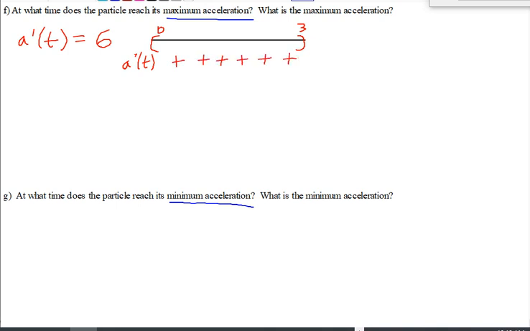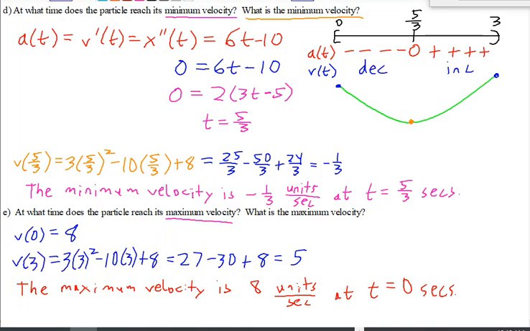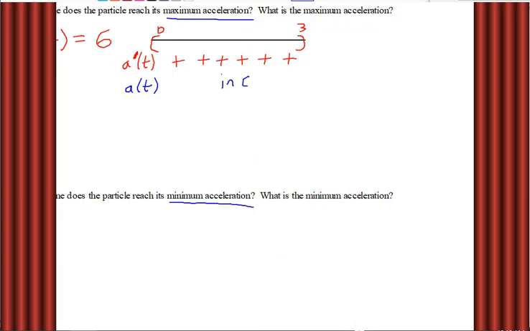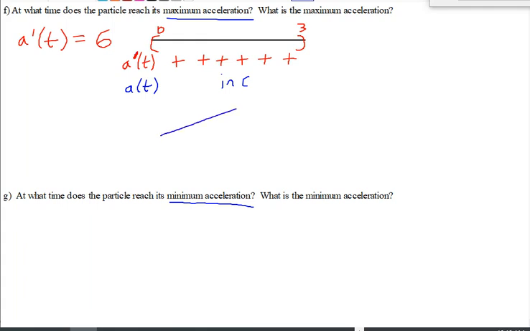Which means the acceleration a of t, since this is the derivative acceleration, is just increasing the whole way. And you can see that because notice the acceleration is just 6t minus 10, it's just a linear function. So it just looks something like that, increasing the whole way.